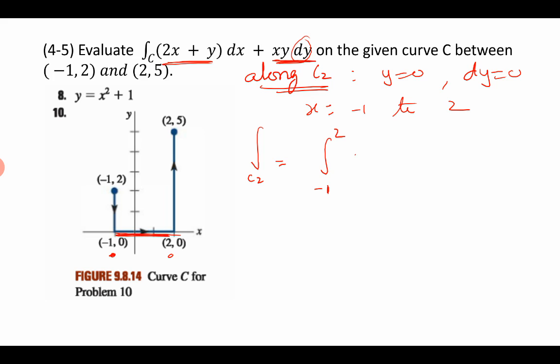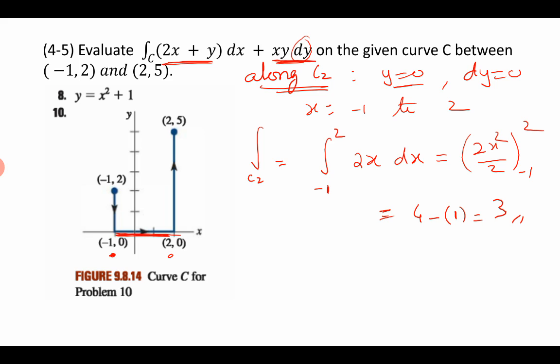Here, 2x plus 0, y is 0 given here, right? 2x times dx, which is 2x square over 2 from minus 1 to 2. So 2 can be cancelled. X square: 2 square is 4, minus 1 is 3.